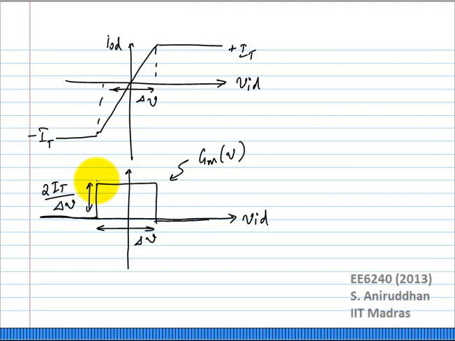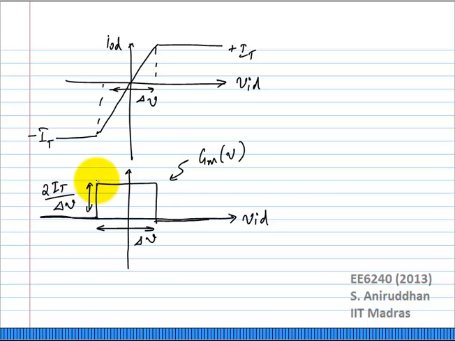Now, if you had to look at this transconductance as a function of time, what would that look like? So what you are really interested in is GM of t around the switching instant. That will be the same as GM of delta V, because it's this delta V which is causing the change in delta t.